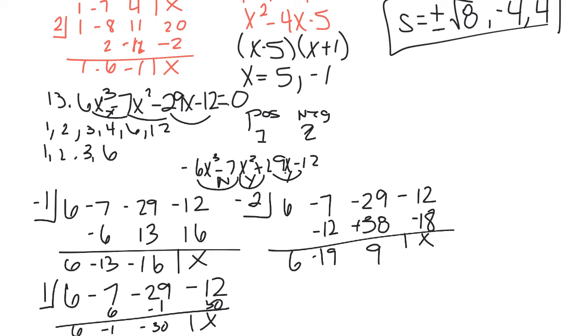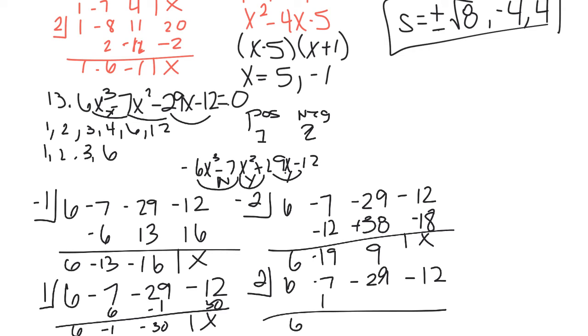I know it says there's 2 negatives, but I kind of feel like I should check these small ones too. So positive 2: 6, 12, positive 5, 10, negative 19, negative 38, not 0.